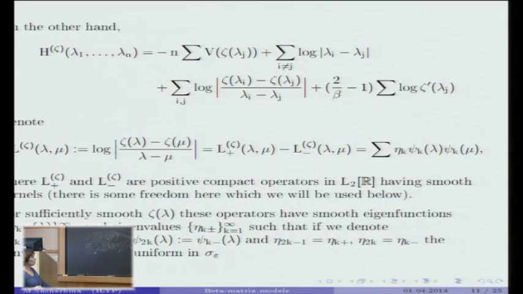And now what we have is again some potential, the logarithmic interaction, and some pairwise interaction between different points, and this pairwise interaction is a good operator, smooth.